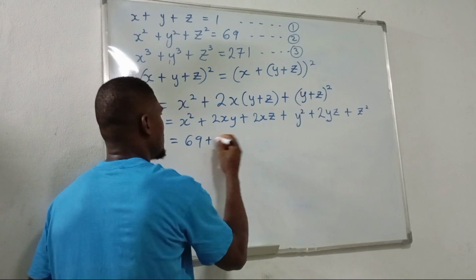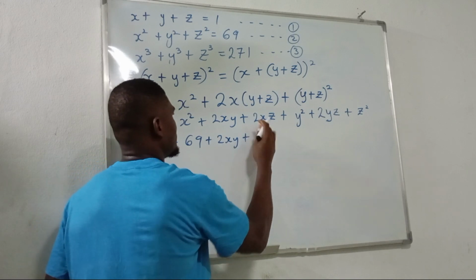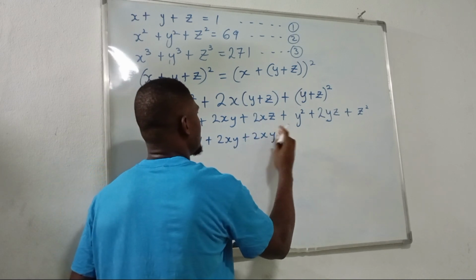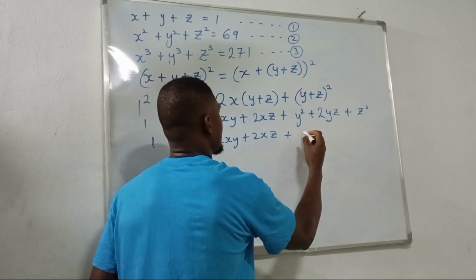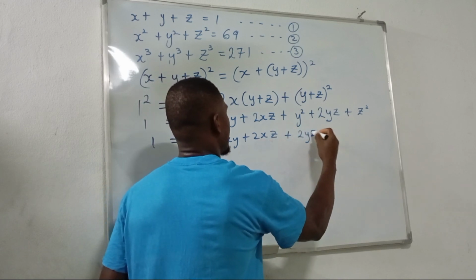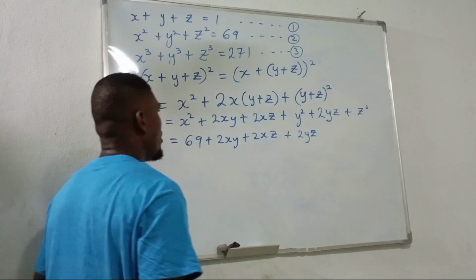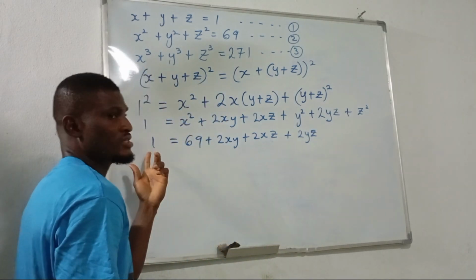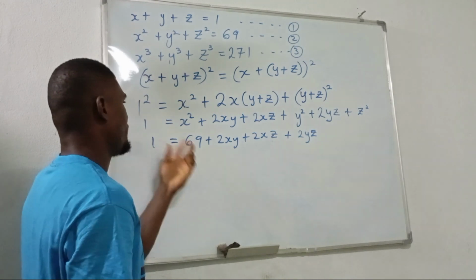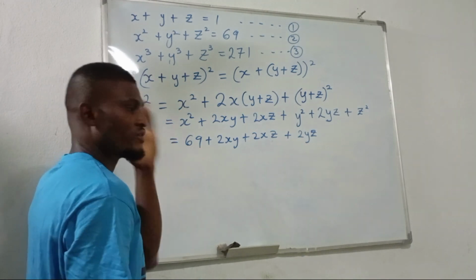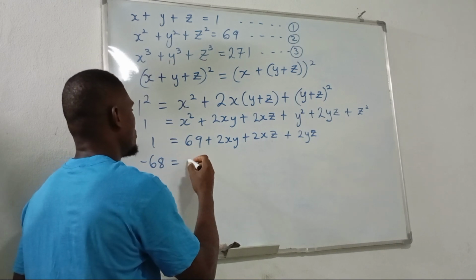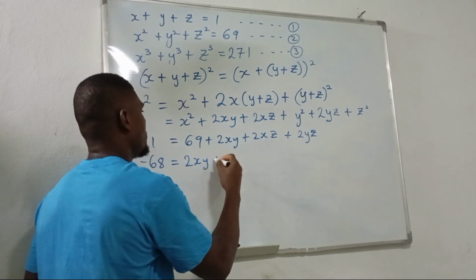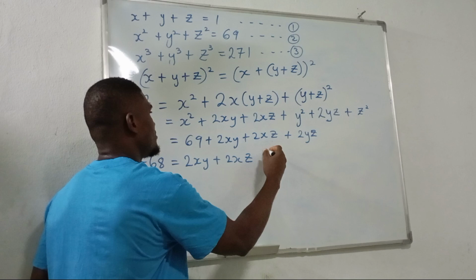So we are left with 2xy, and then 2xz, and then 2yz. All right, now we can move 69 to this side so that we have minus 69. 1 minus 69 will give us minus 68. So minus 68 equals 2xy plus 2xz plus 2yz.